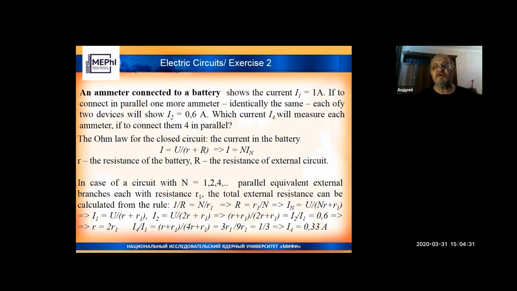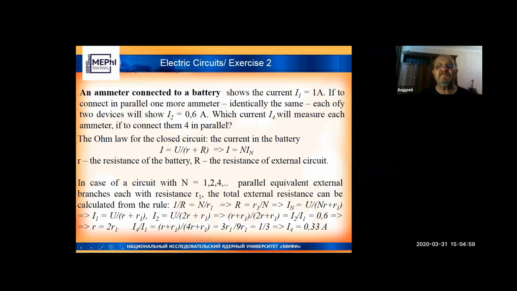For any closed circuit, the current in the battery will be equal to the voltage produced by the battery, the EMF, divided by the total resistance of the circuit. Total resistance of the circuit consists of the internal resistance of the battery, the element producing voltage, and the external resistance of the circuit outside the battery.